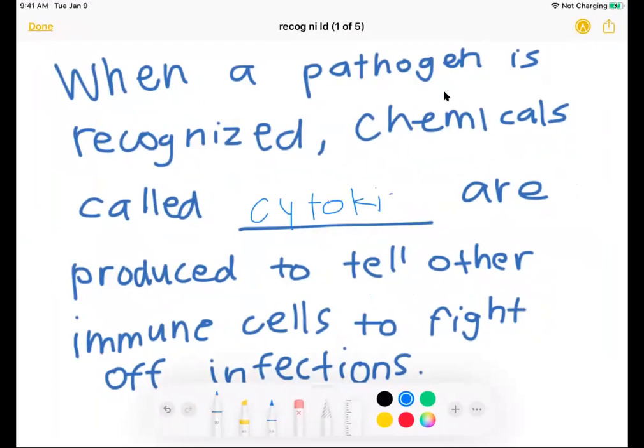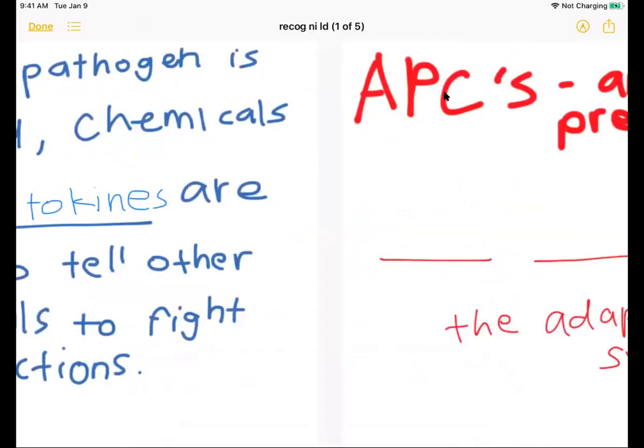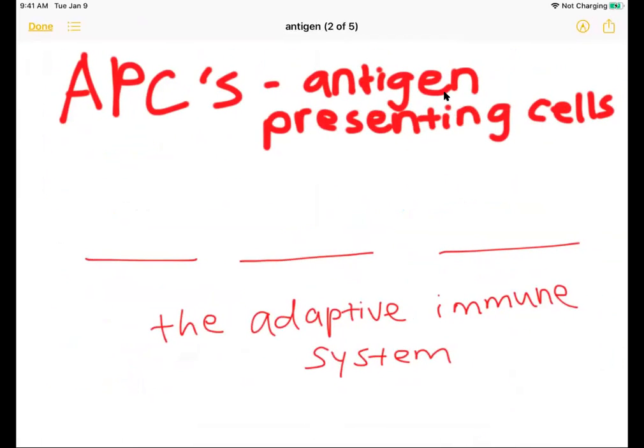Cytokines are produced to tell other immune cells to fight off infections. So I would know about these cytokines. These are going to be mentioned in the lecture video provided. Also know about APCs.